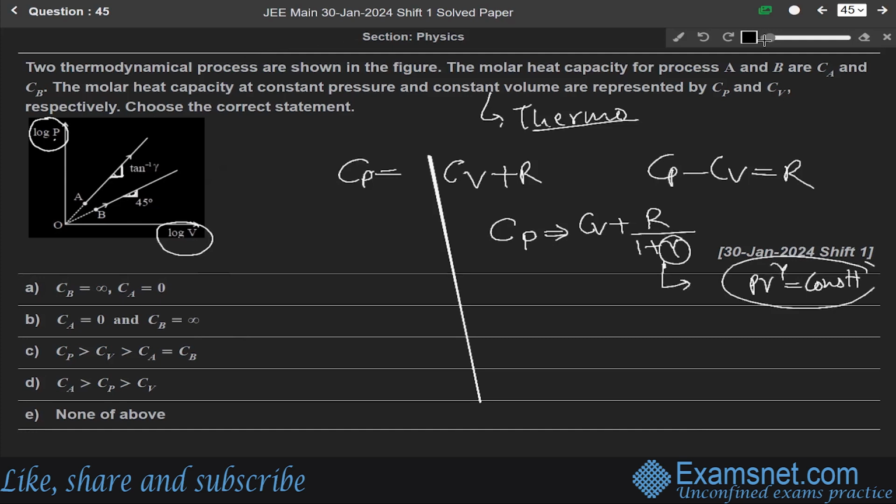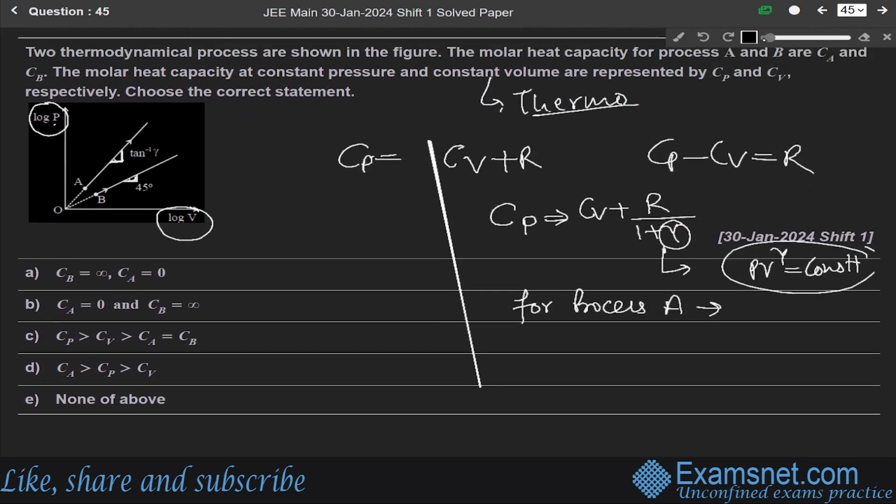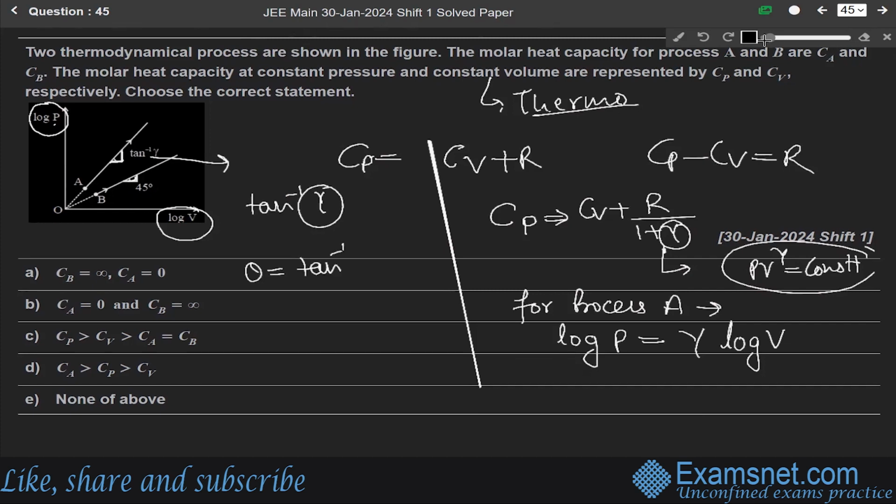Now, for process A, from the graph, we see that log of P equals, the slope given for process A is tan inverse gamma, so we'll write gamma into log V. Since the slope is tan inverse gamma, theta equals tan inverse gamma, which means tan theta is gamma.